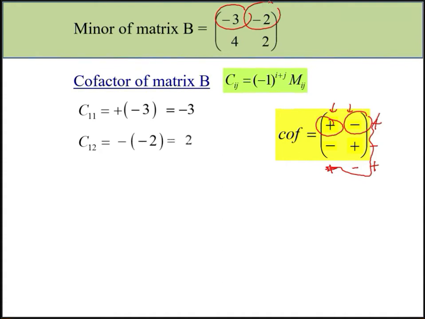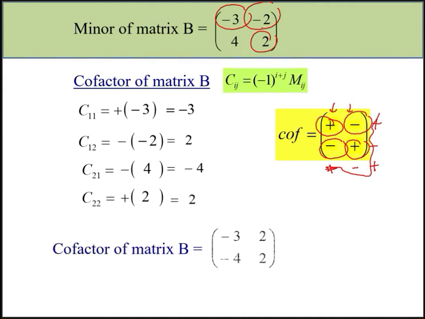Negative of -2 is +2. Cofactor of 2,1: now the sign here is negative, write the negative sign there, and the minor is 4. Your answer is -4. Cofactor of the 2,2 element: the sign is positive, look at the minor, which is 2 there, and your answer is just 2. Write everything in the matrix, and that's your answer for cofactor.